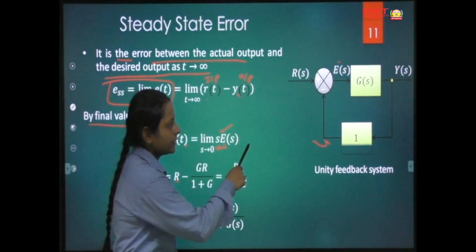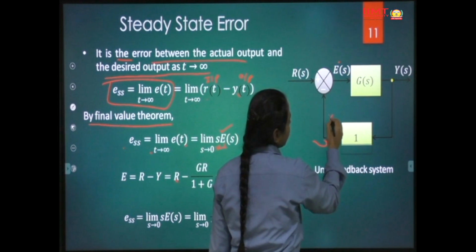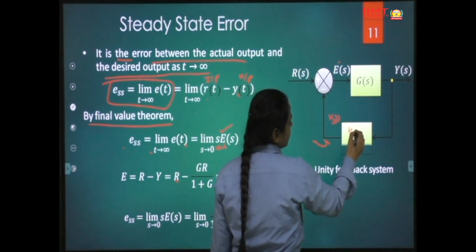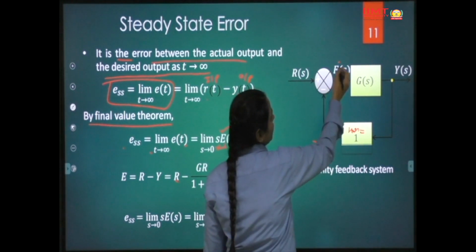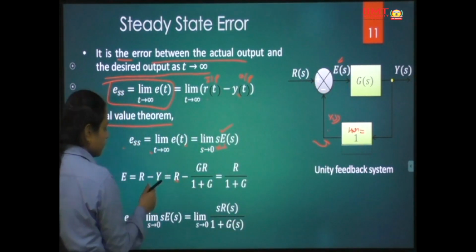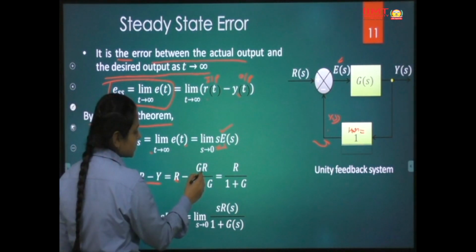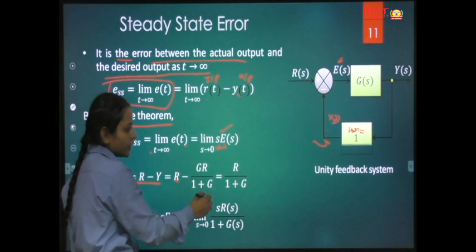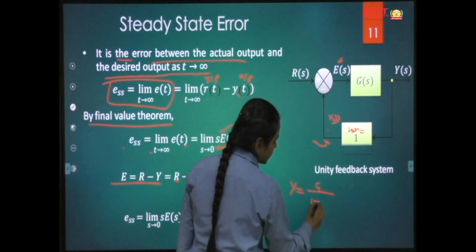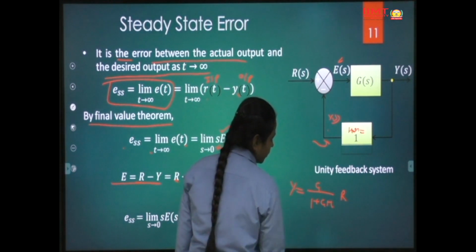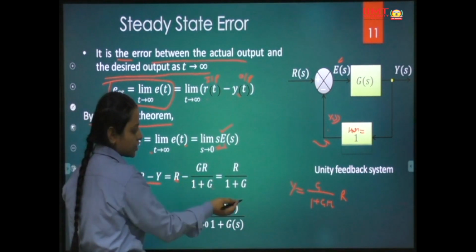So by this block diagram, we have this is R(s) and this is coming as Y(s). So this is H(s), this is 1, so this is H(s)Y(s), which is equal to Y(s) only. So E(s) is equal to R minus Y, E(s) is equal to R(s) minus Y(s). We already know Y(s) is equal to G upon 1 plus G(s)H(s) times R. So from this we have Y is equal to GR upon 1 plus G as H is equal to 1.